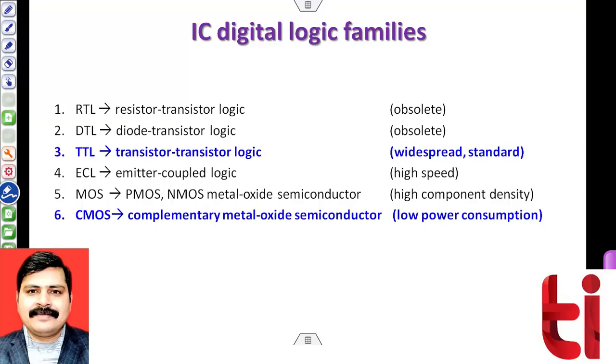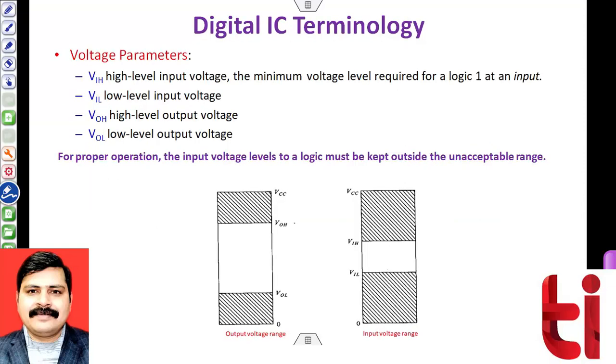But in order to discuss these two logic families in detail, it is necessary to discuss various parameters used in different logic families. So we are starting with the first one, that is the voltage parameter. Let's start our discussion with this schematic. Here, I have specified two terms, output voltage range and input voltage range.